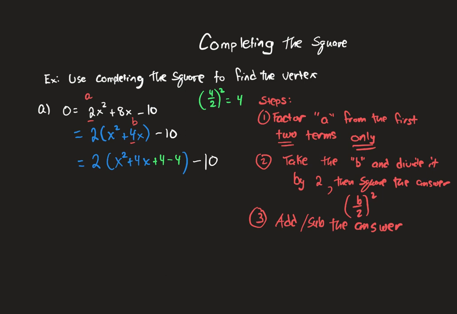The next step is you want to take the negative version out, and only the negative version. But if it's leaving the bracket, it needs to get multiplied by the number on the outside, which is 2.